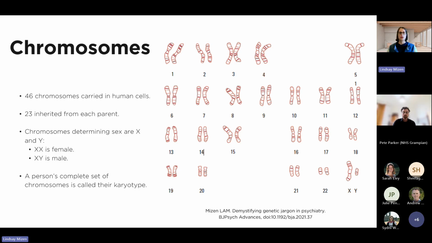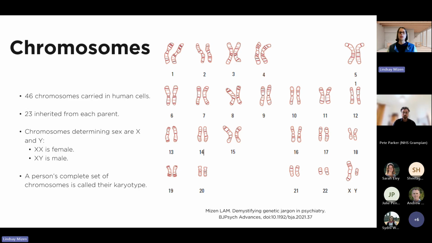You may well have heard that chromosomes also determine whether somebody's biological sex is male or female. If they have an XY chromosome, which is what is shown here down on the bottom right, you see what's called the sex chromosome here.